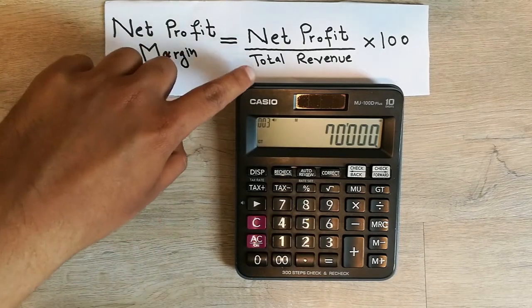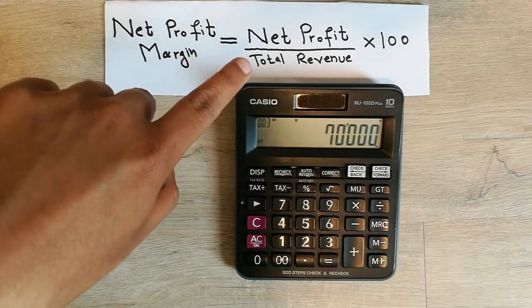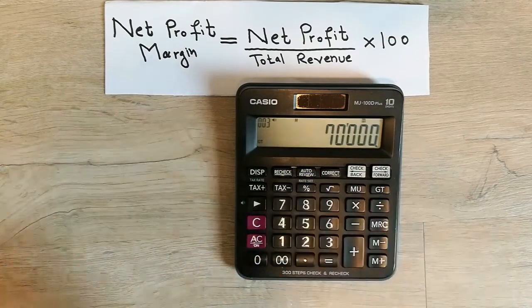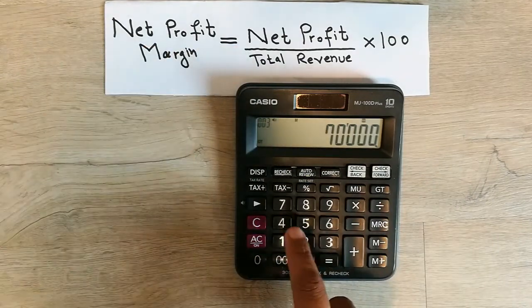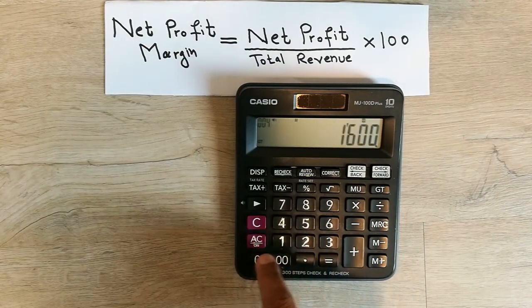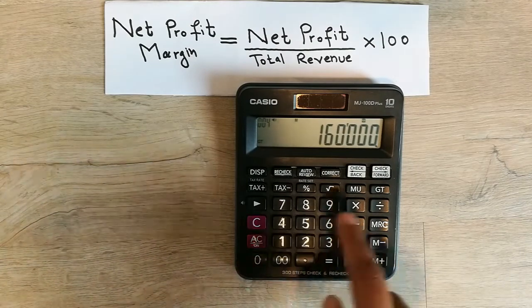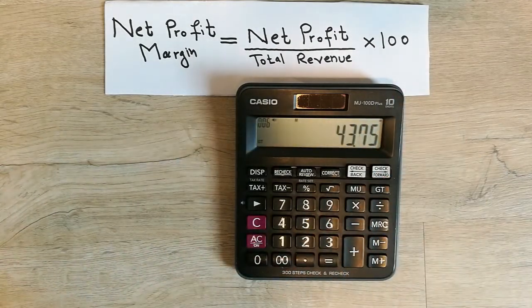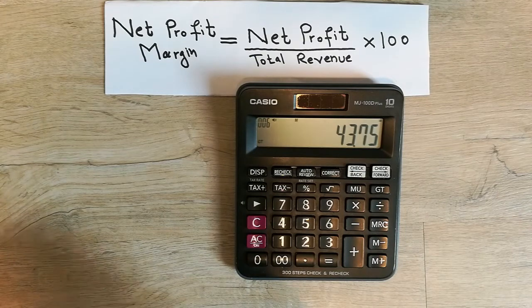Now we will use this formula: net profit divided by total revenue. Net profit is 70,000 and we divide it by total revenue, which was 160,000. Then we multiply by 100 according to the formula, and our answer is 43.75%. So this is our net profit margin.